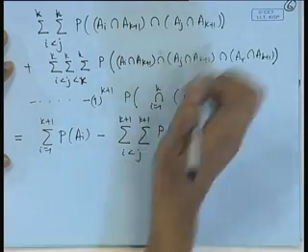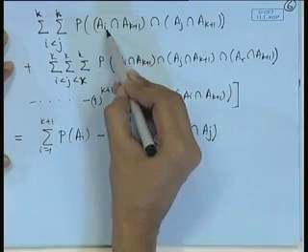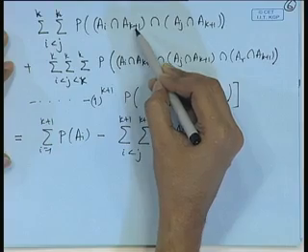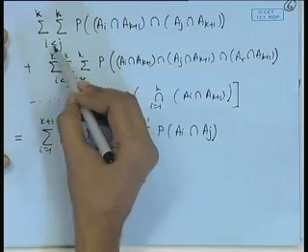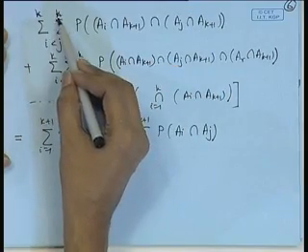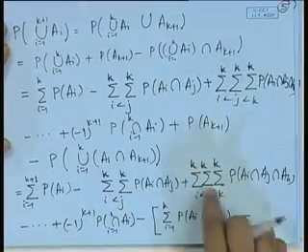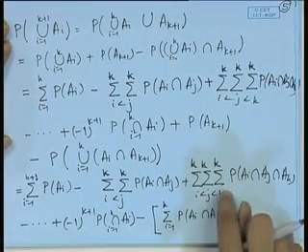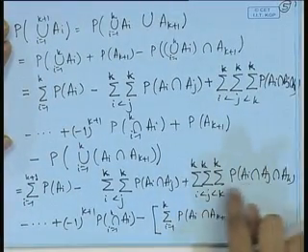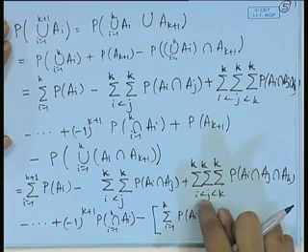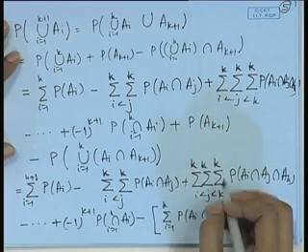Now, let us look at this term. This term is Ai intersection Aj intersection A k plus 1, where i and j are varying from 1 to k, and if we look at the third term in the previous expression, here we had all the intersections of 3 sets up to k.